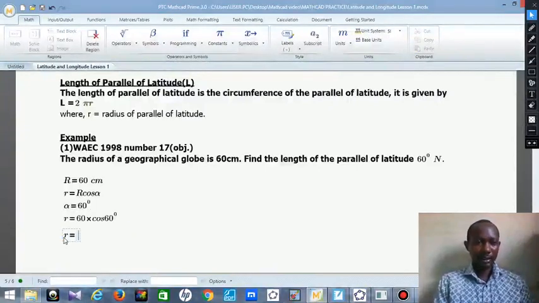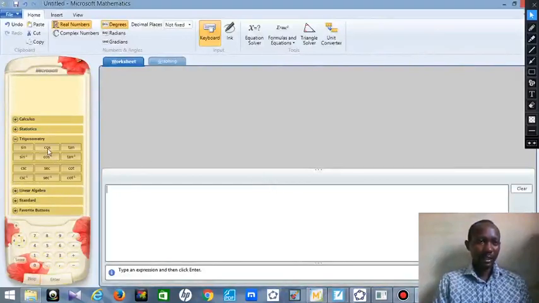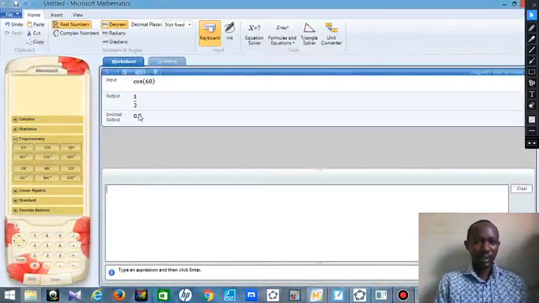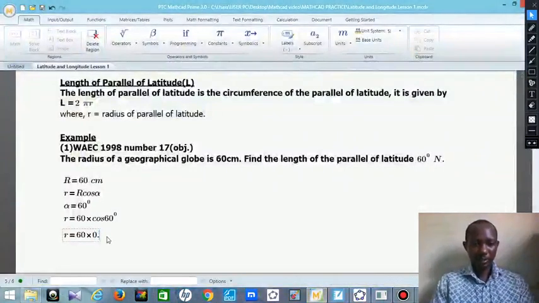Cos 60 should be what now? Cos 60 should be 0.5. But let's check with our calculator in case you are doubting. Cos 60 will give us, you can see, 0.5, which is 1 over 2 or 0.5. So cos 60 is 0.5.